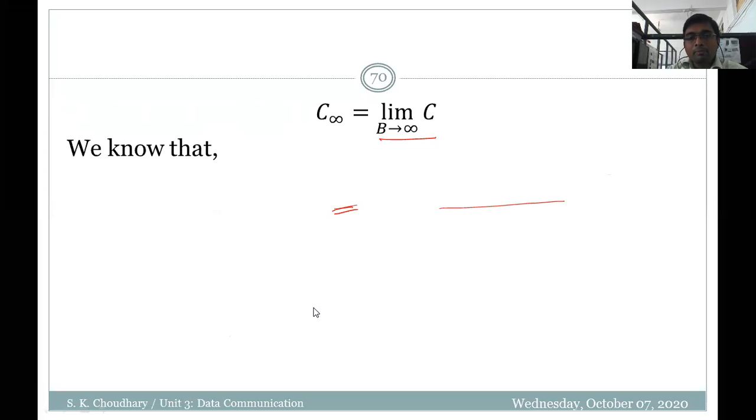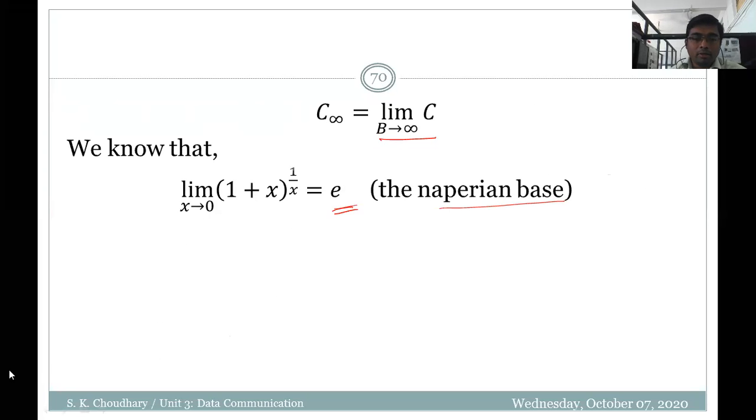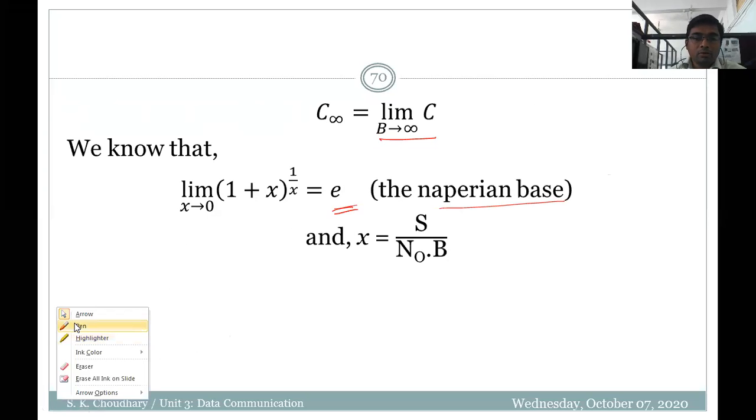So according to the formula of the Neperian base, limit x tends to 0, (1 plus x) raised to the power 1 upon x is equivalent to the Neperian base e. Here x is nothing but S upon N naught B. Why have I written x tends to 0?